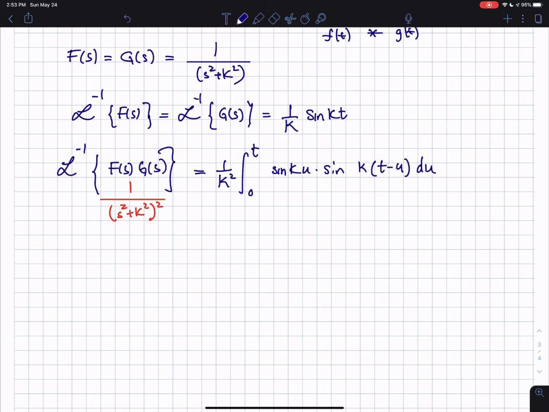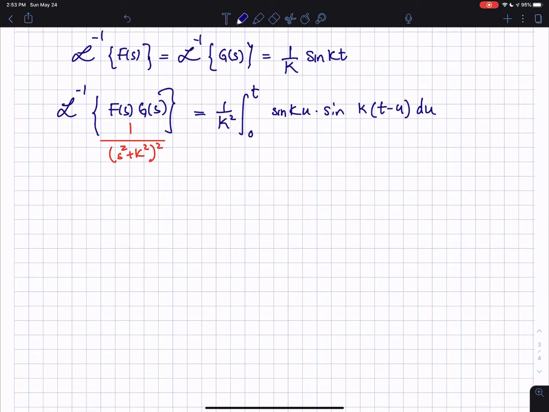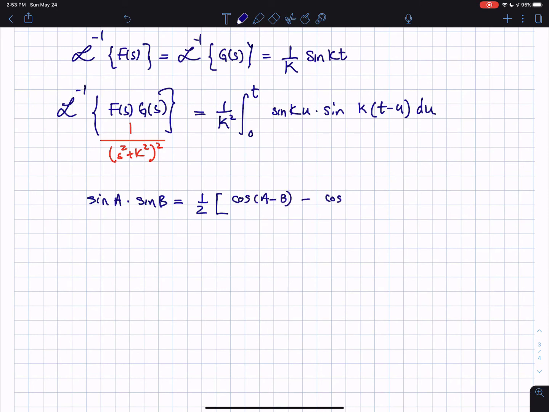It's the product-to-sum formula, and if you recall, sine of a times sine of b is 1/2 (cosine of (a minus b) minus cosine of (a plus b)). So this is from trigonometry. So I could write sine of ku sine of k(t minus u) as a difference. That's called the product-to-sum trigonometric identity.